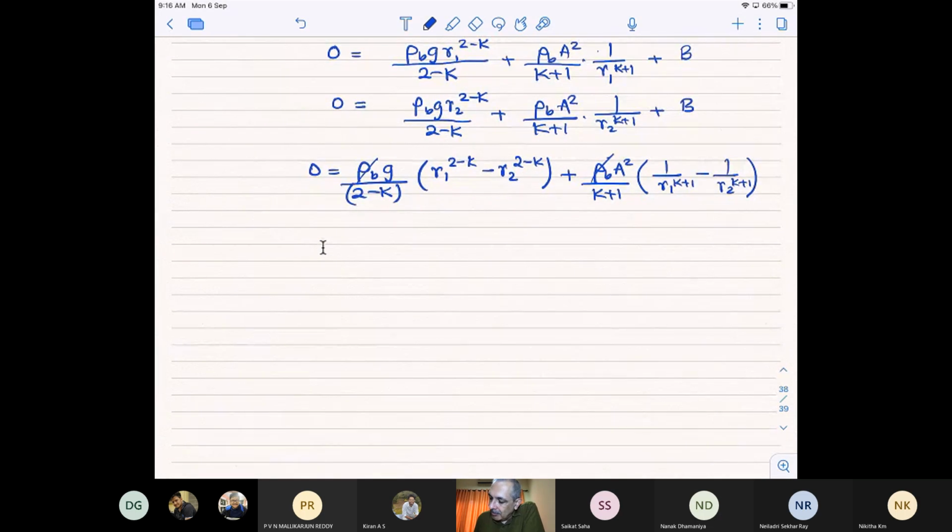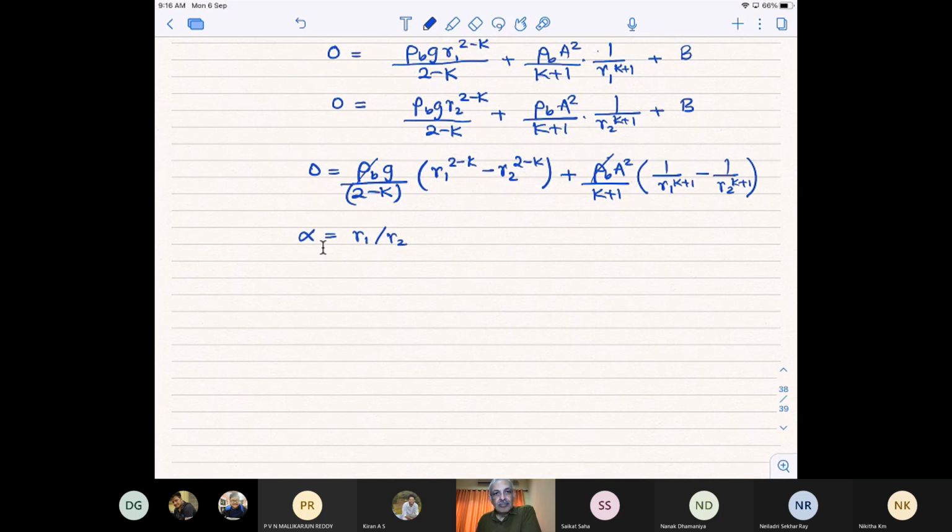So what do you get? Now if I simplify things out a bit, I'll get a squared. I'm going to define this ratio, just some number, alpha, is equal to R1 by R2.